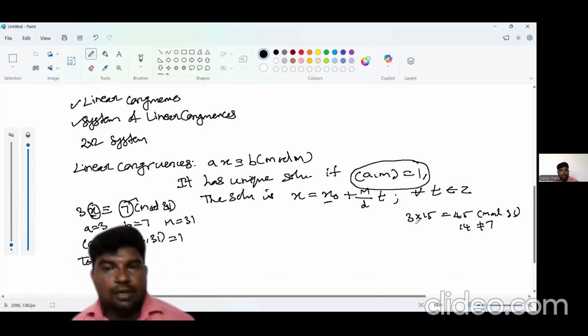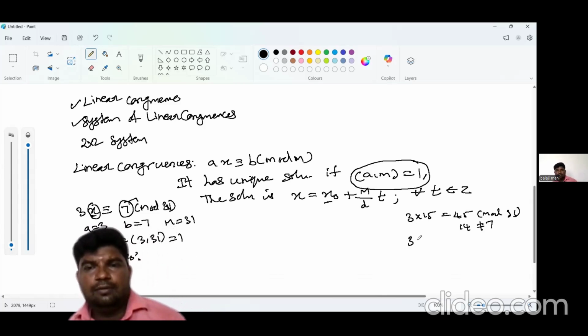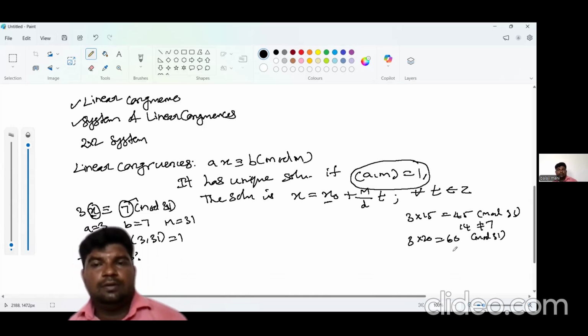Next we choose 20. 3 into 20 is 60, and 60 modulo 31 gives 29, not 7.